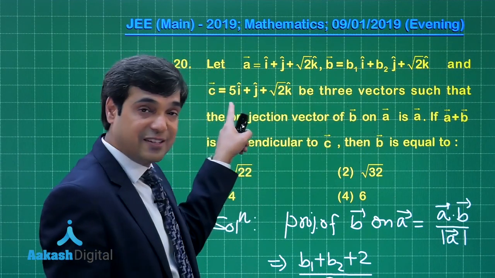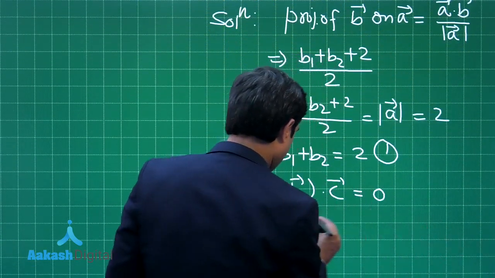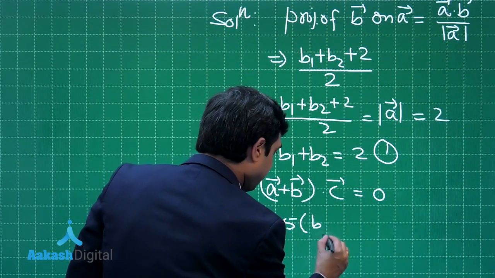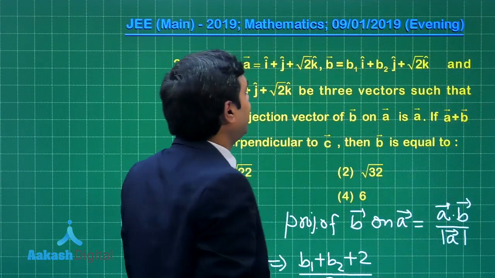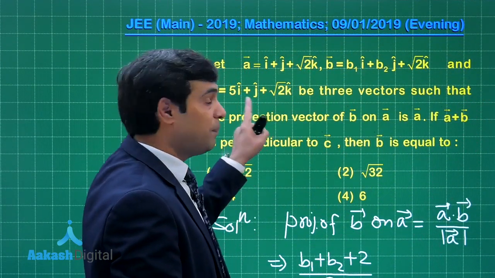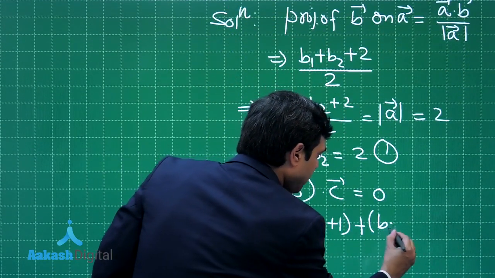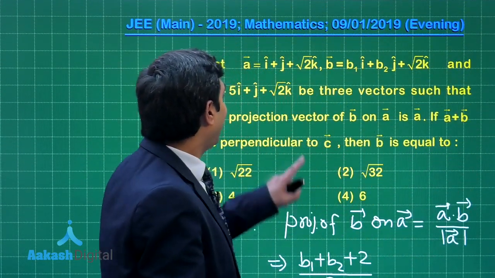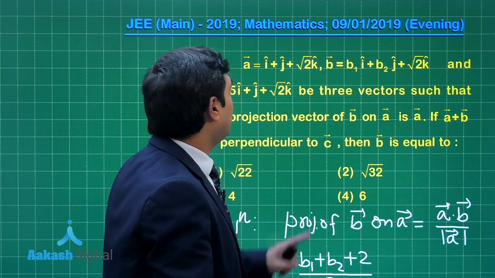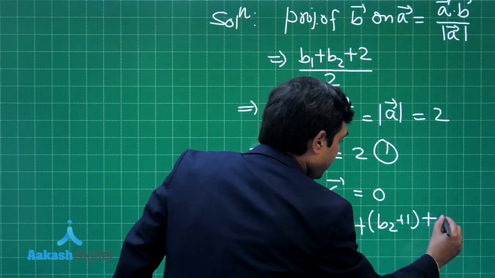Multiplied with C as the dot product, so we have 5 into b1 plus 1. Moving ahead for the next term, that is b2 plus 1 multiplied with 1, plus b2 plus 1. Moving ahead, the next term gives you root 2 into root 2 plus root 2, that is simply 4.